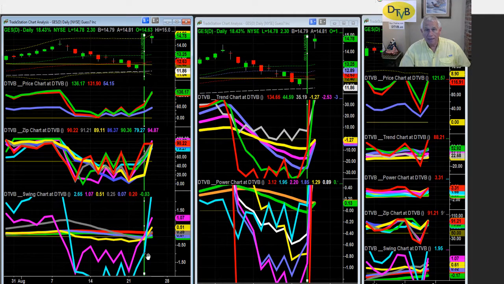Because swing Zion is a price barometer, and the pink is a leading indicator. Swing pink is a leading indicator telling us that the swing pink indicator has just crossed over a major short-term trend line. And so that's why that becomes important in determining what we're seeing.